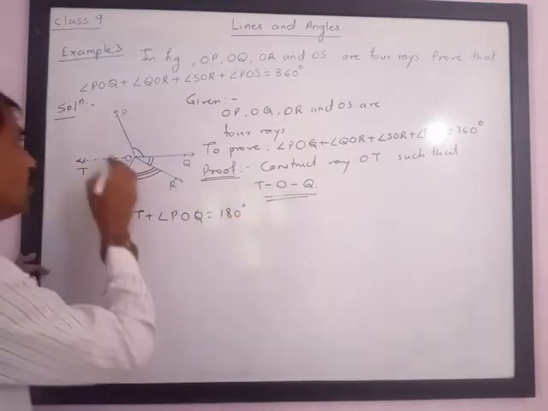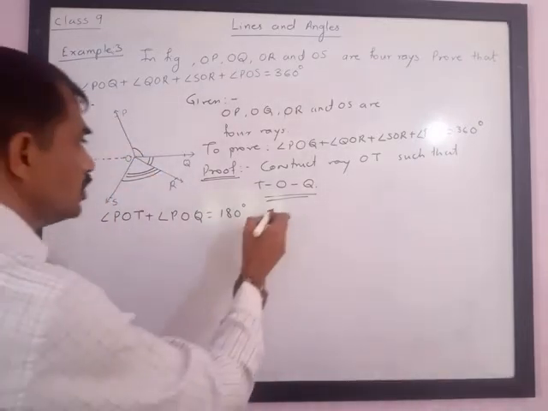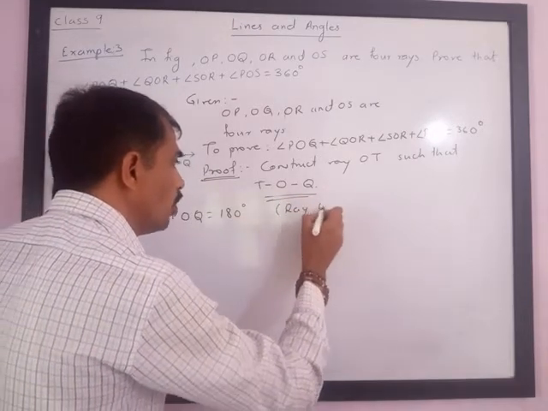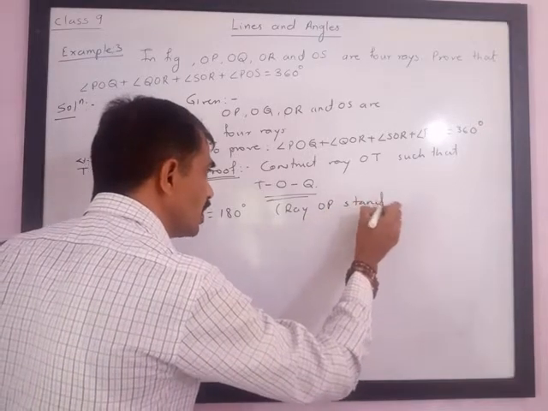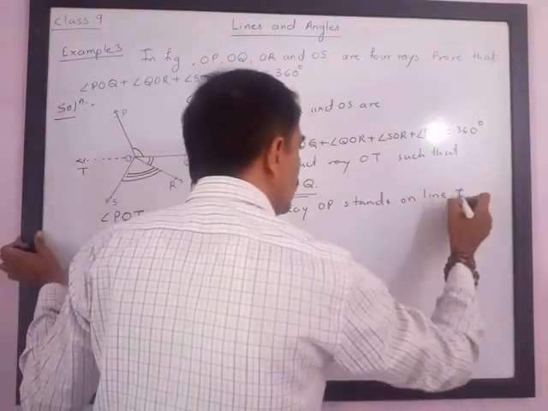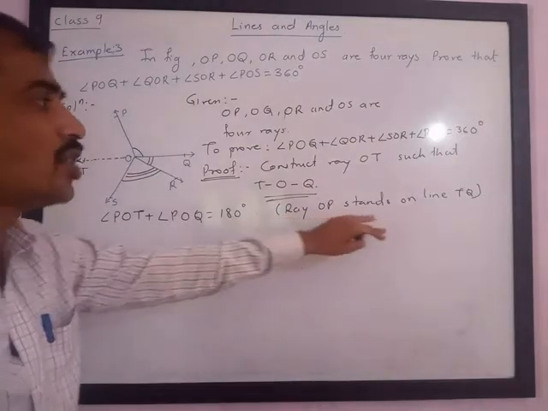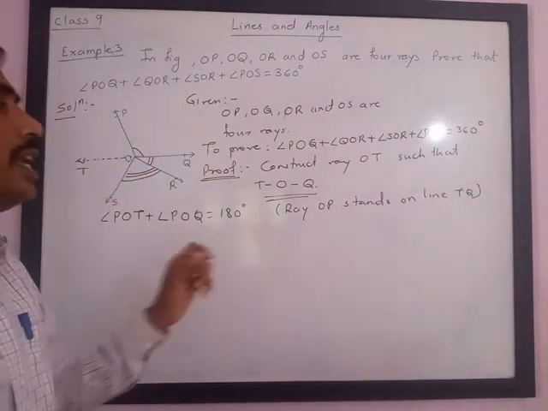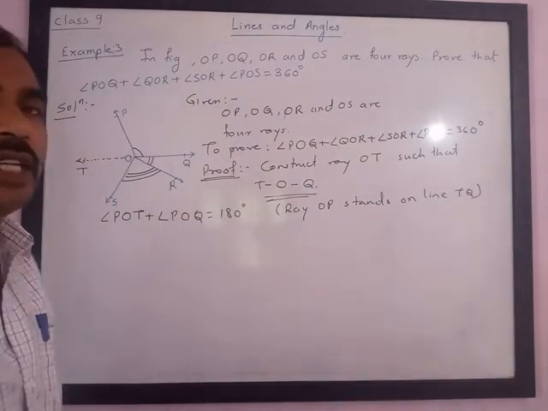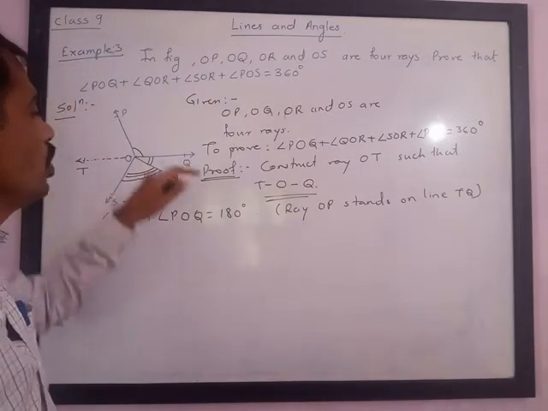Please note, the reason is that ray OP stands on line TQ, since these are opposite rays, they form a line. We have just studied in axiom 1 that if a ray stands on a line, then the sum of the adjacent angles is 180 degrees. So here POT and POQ are adjacent angles.